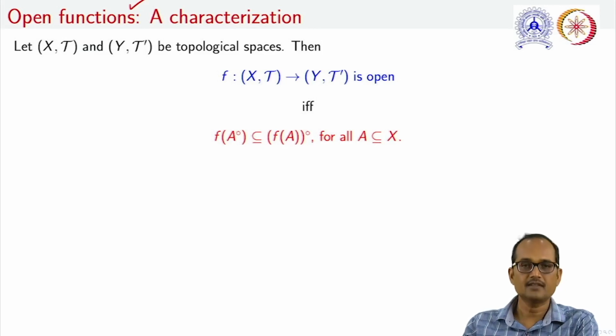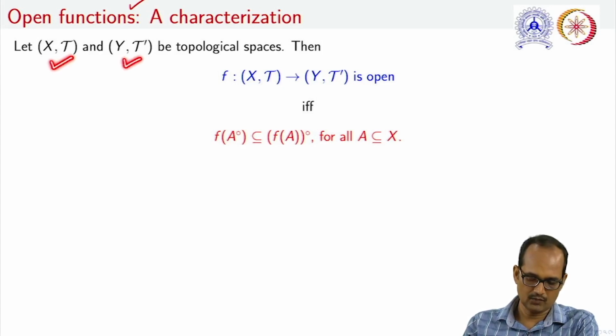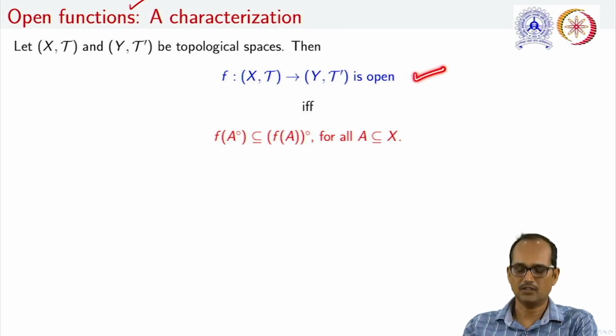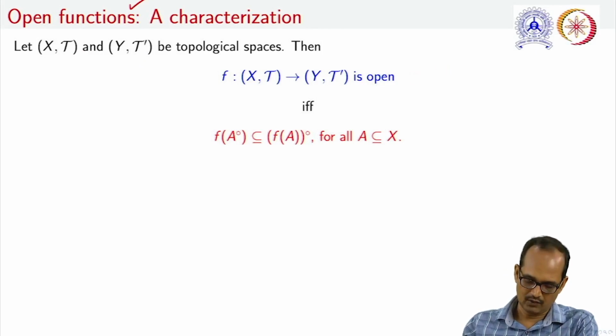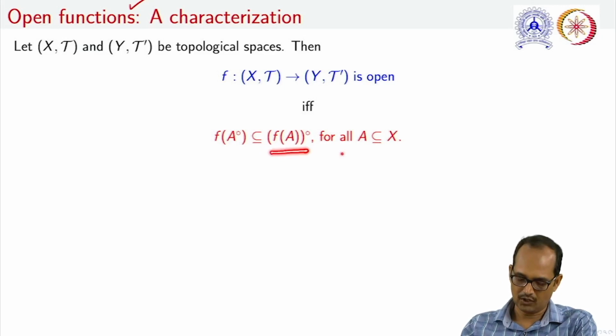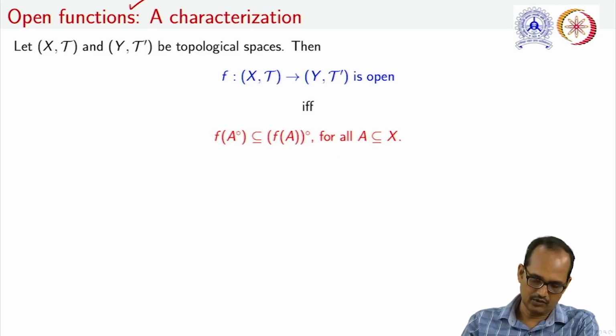The theorem states: if we have two topological spaces (X, tau) and (Y, tau'), then a function f from (X, tau) to (Y, tau') is open if and only if f of interior of A is a subset of interior of f(A) for all A subset of X.